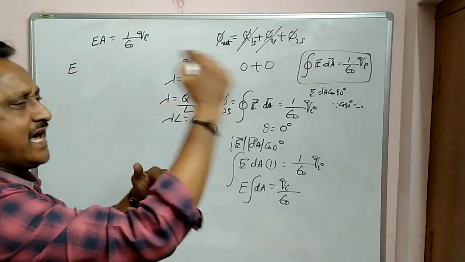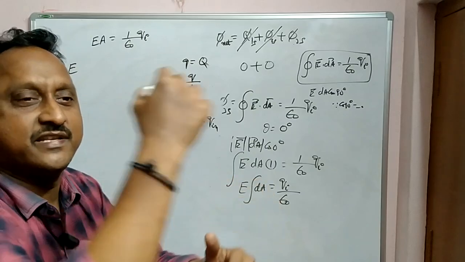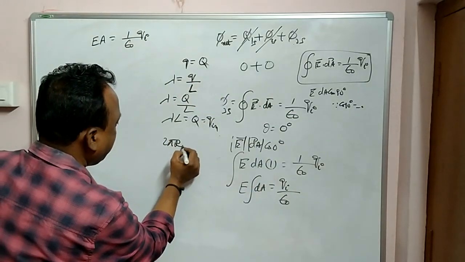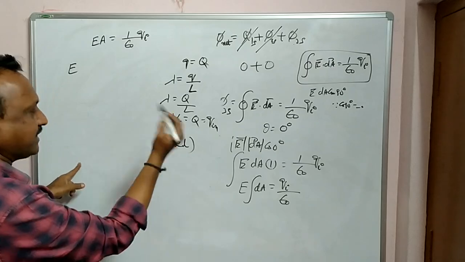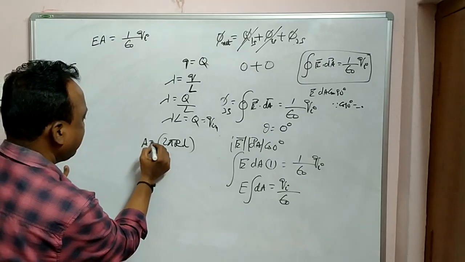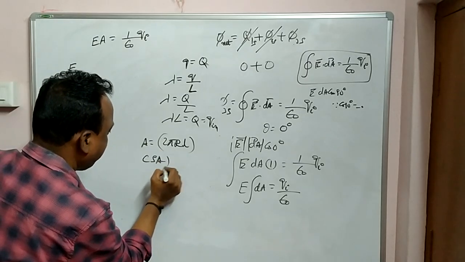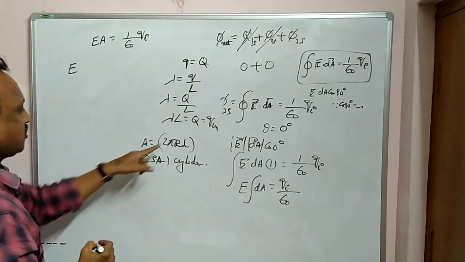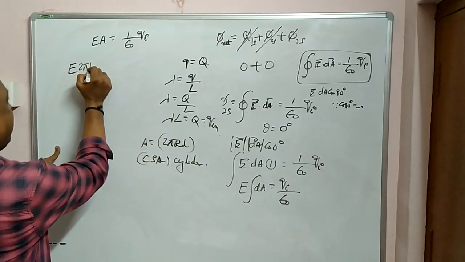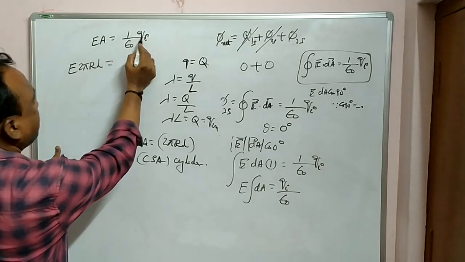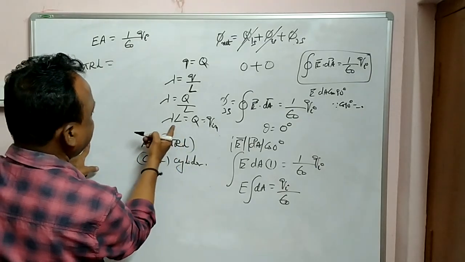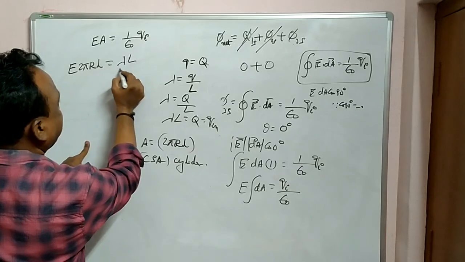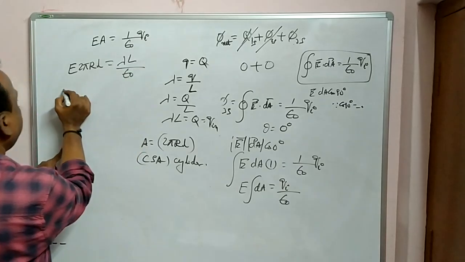And what is this A? A is nothing but the curved surface area of the cylinder, 2 pi R into L, perimeter into length. So E times 2 pi R L is equal to Q inside. Q inside is lambda L, divided by epsilon naught.